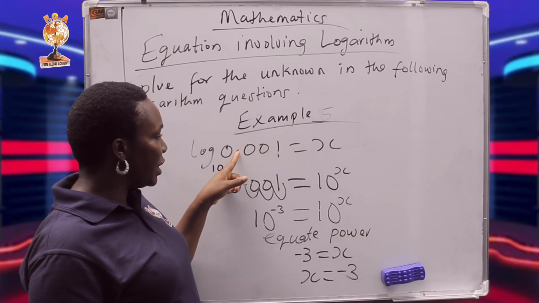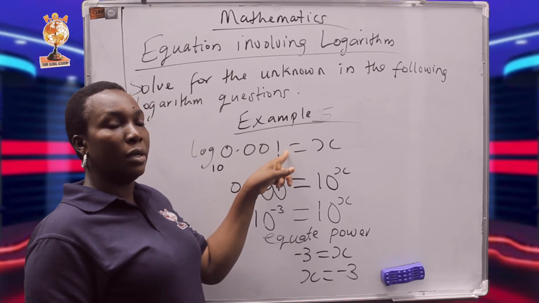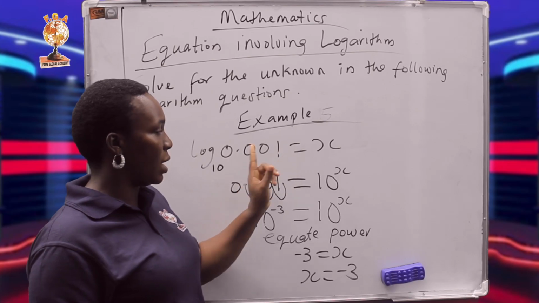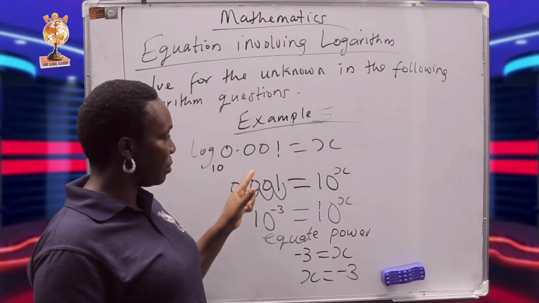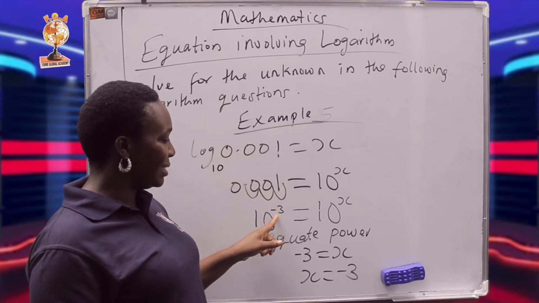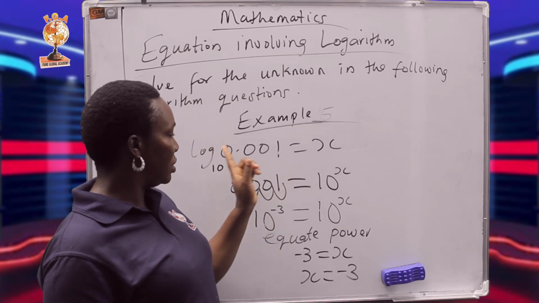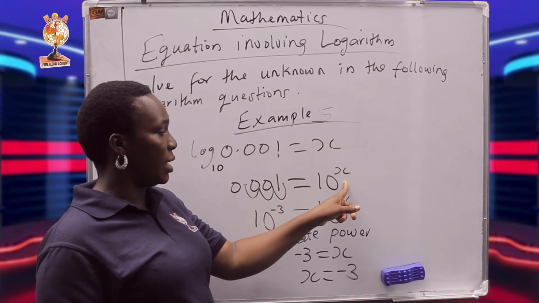So you move your decimal point 1, 2, 3 till you meet a significant number, which is this one, then you stop moving. That is why we got this minus 3, because we moved 3 times. 1, 2, 3. That's how we had this 10 raised to the power of what? Minus 3 equals to what? This 10, which is the base, raised to the power of this x, which is the answer.